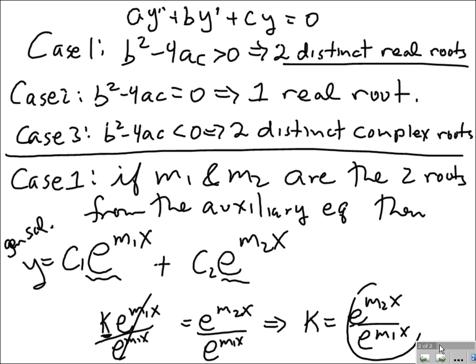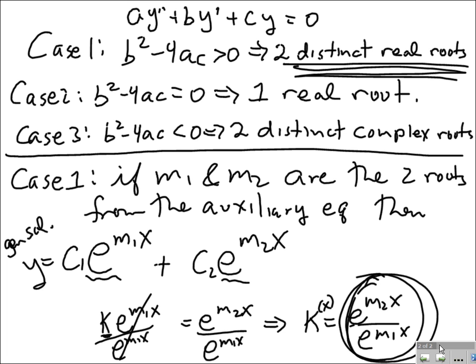But this is not a real number, as long as m1 and m2 are different. And remember, in case 1, you had 2 distinct roots. The m1 and m2 are different. This is not a constant. This is a function of x. It changes. This will change depending on x. So this really was not a constant. I tried to make it work, but it didn't.